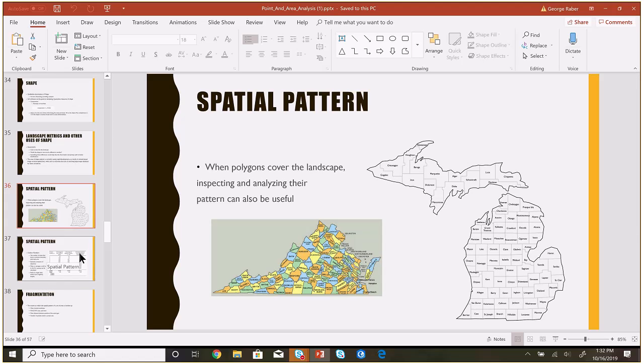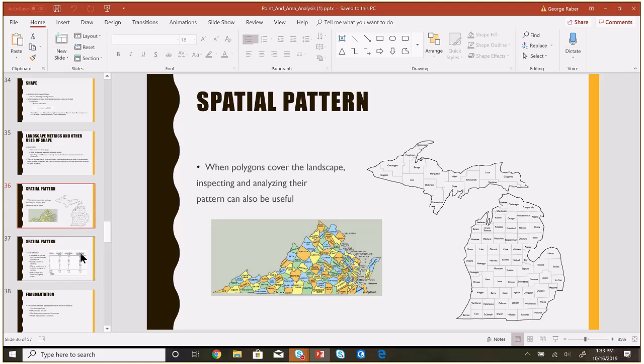Well, it kind of is, but it's telling us more about the boundaries themselves. Okay? For example, look at the boundaries here in Michigan. See how they're mostly squares. Sometimes they even share just a common point.